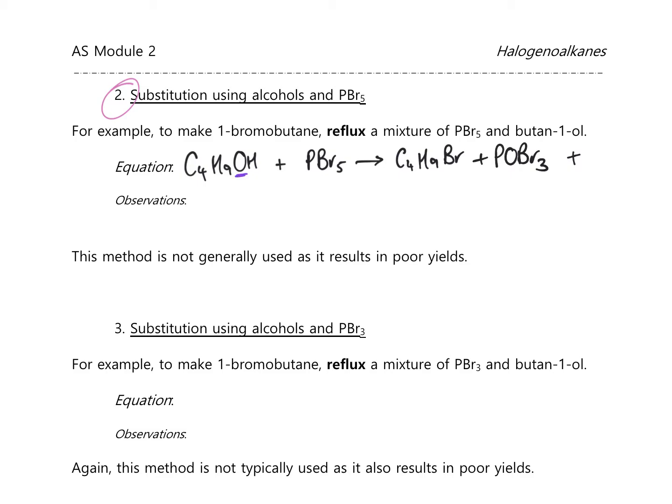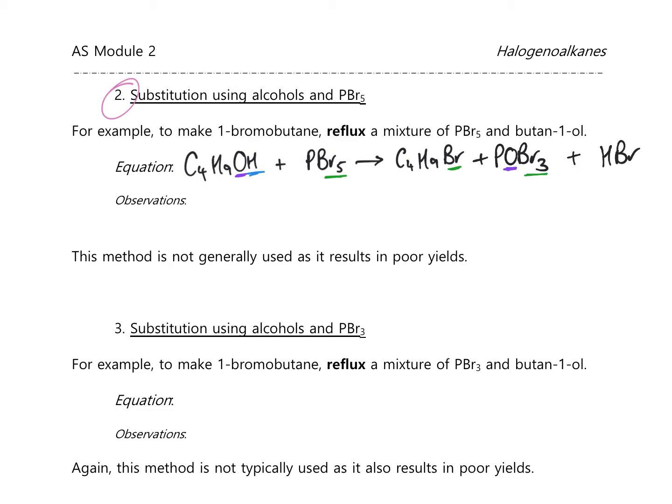The oxygen from the alcohol is now within our phosphorus oxybromide. If you think about the bromine atoms, we've got 5 here, and we've got 1 there, plus 3 here, which is 4, so we still have 1 bromine left, and we also have this hydrogen from the alcohol. So that's our final product, HBr.